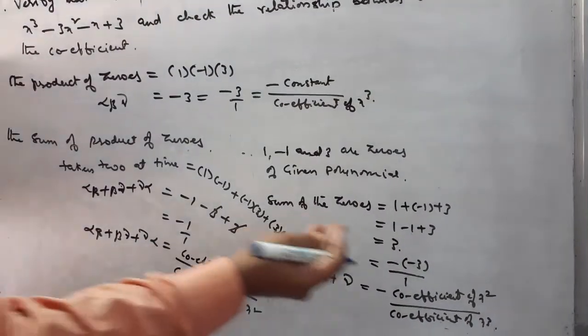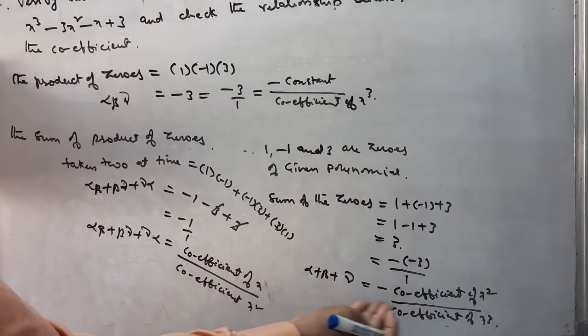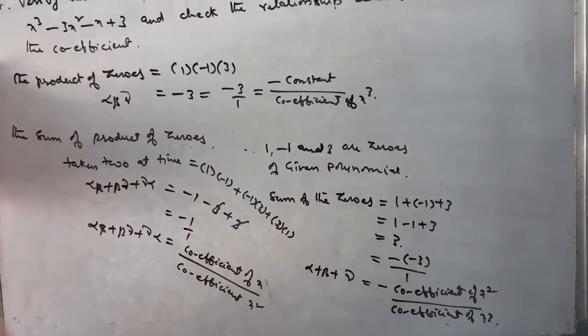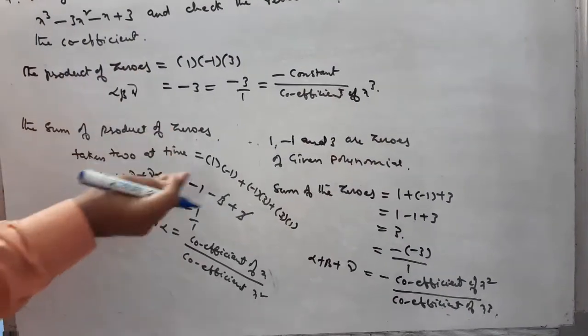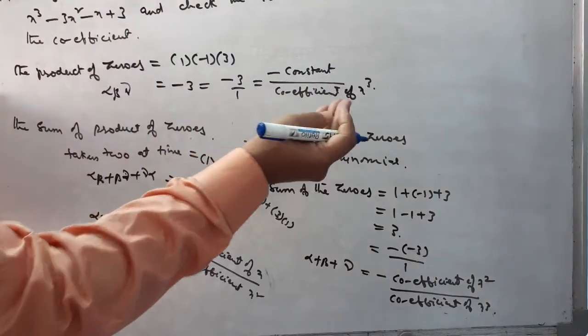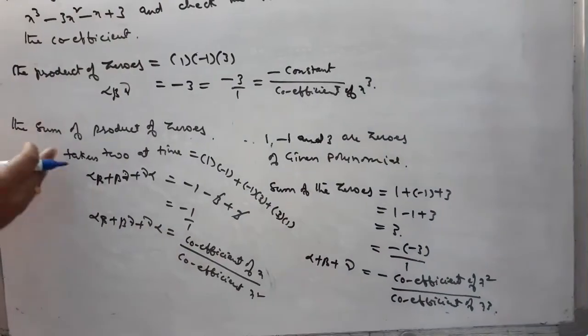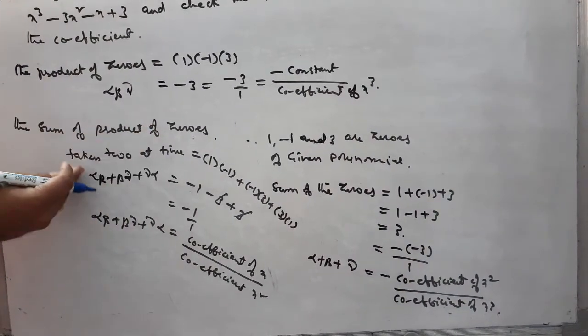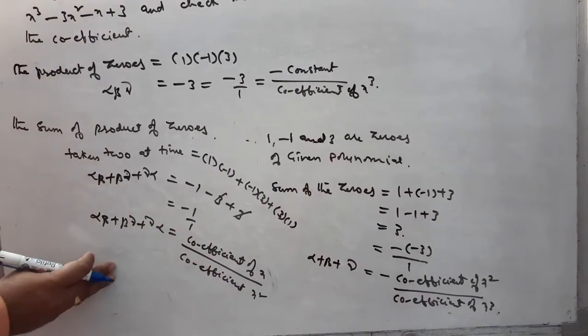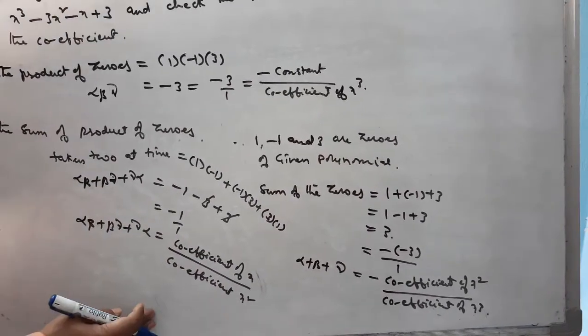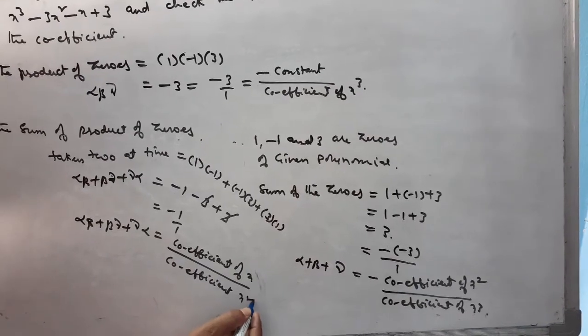The sum of the zeros is equal to minus coefficient of x square by coefficient of x cube. The product of the zeros is equal to minus constant by coefficient of x cube, and the sum of the product of zeros taken 2 at a time is coefficient of x by coefficient of x cube.